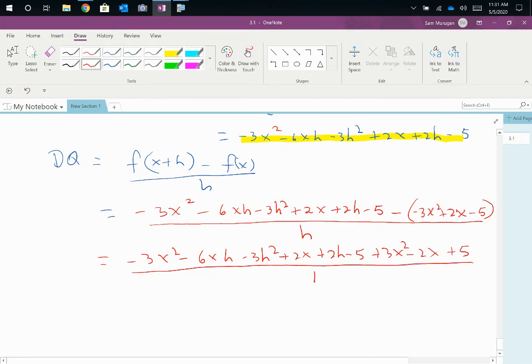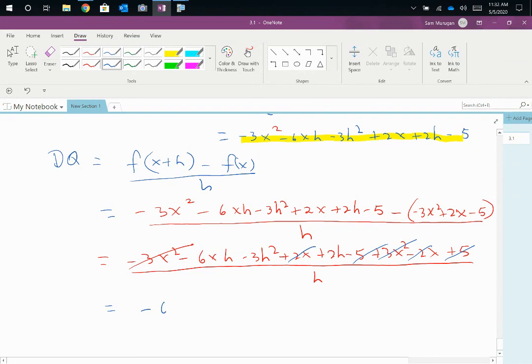Now remember what I said, everything that does not have an h should cancel out. So negative 3x squared cancels with positive 3x squared. 2x cancels with negative 2x, and negative 5 cancels out with positive 5.